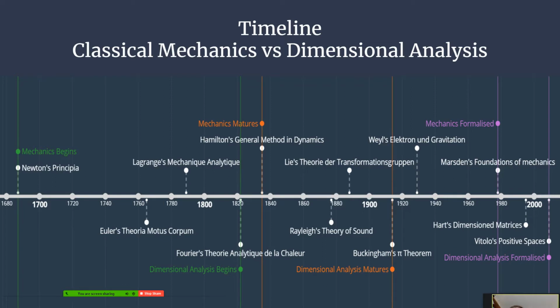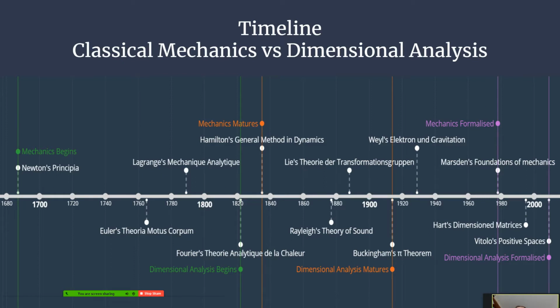Of course, both mechanics and dimensional analysis go back to the beginnings of science thousands of years ago. But in its modern incarnation, I think it's fair to say that these are the main publications that contributed to the current history. We have a first mention in Euler's theory for rigid solids, but the first systematic presentation of dimensional analysis as we know it today happens in Fourier's analytical theory of heat, his landmark thermodynamics book.